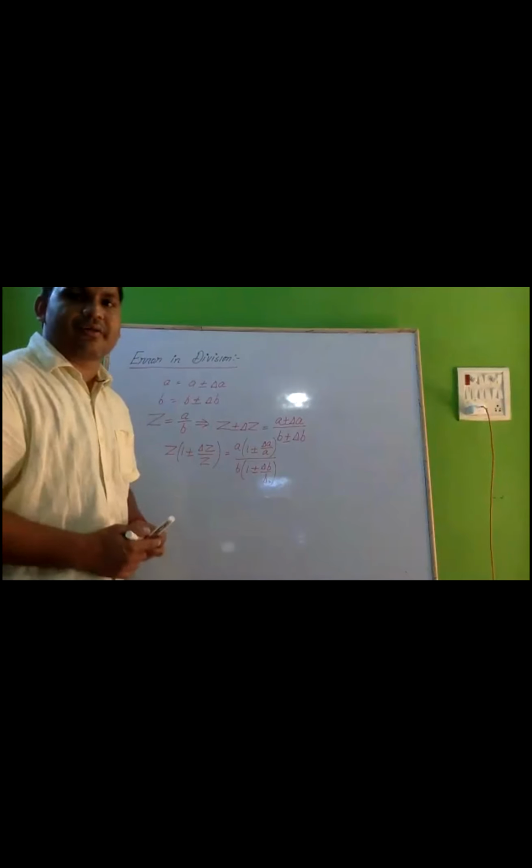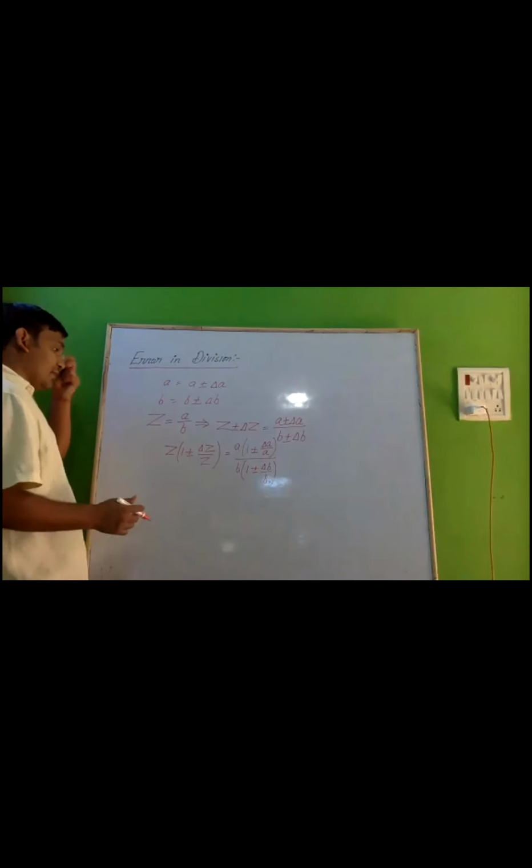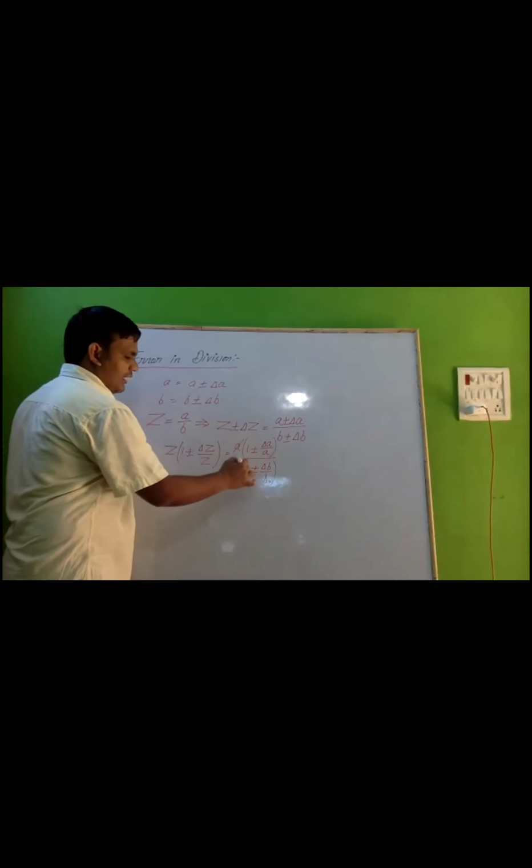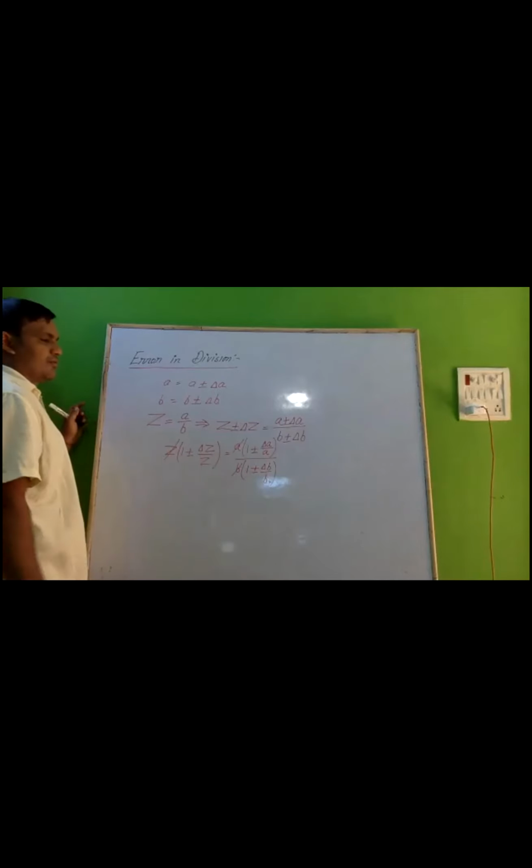Okay. That's clear. So we can just cancel out because we know Z is equal to A by B. So A, B, Z will be cancelled out.